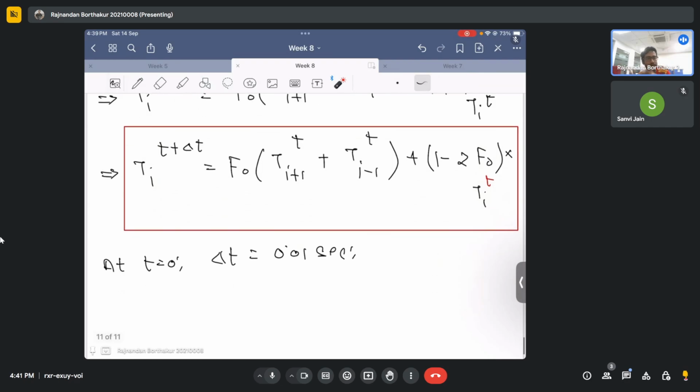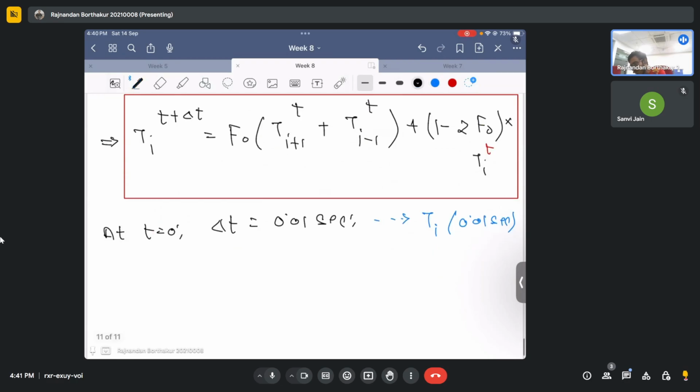Once you fix your delta x and delta t, you fix your Fourier number, and you know the temperature values at t equal to 0, which means you know T_i at 0.01 seconds.